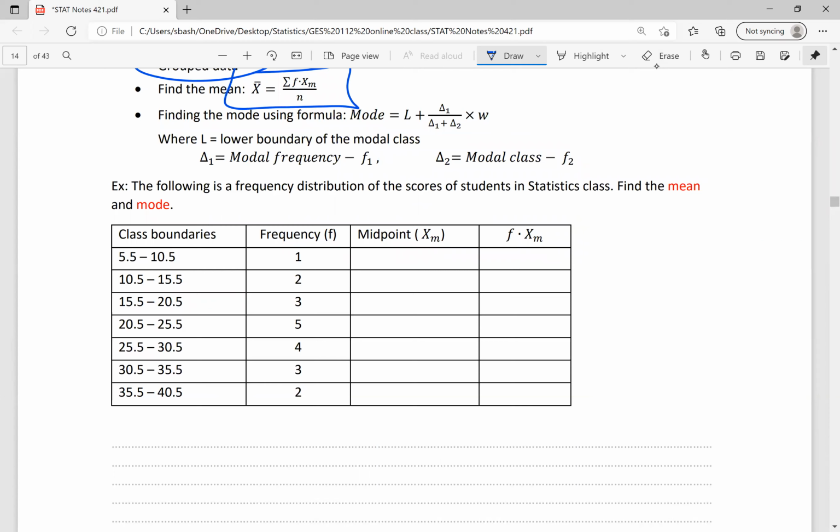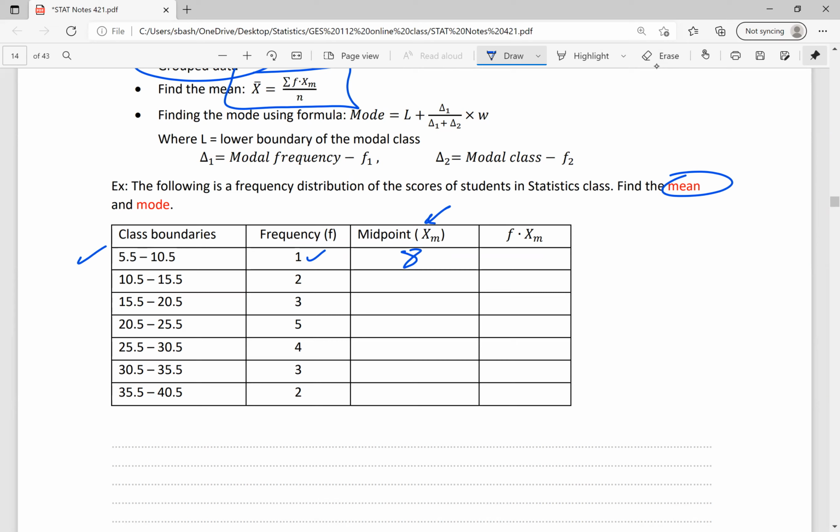I need to find the mean first. In the frequency distribution, we are given the classes or class boundaries, and frequencies are there. We need to find the midpoint for each class. So the midpoint for the first one is 10.5 plus 5.5 is 16, divided by 2 is 8.